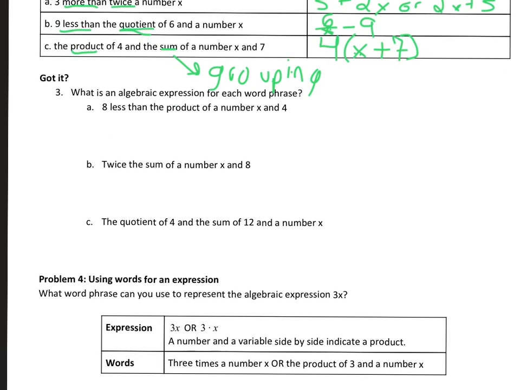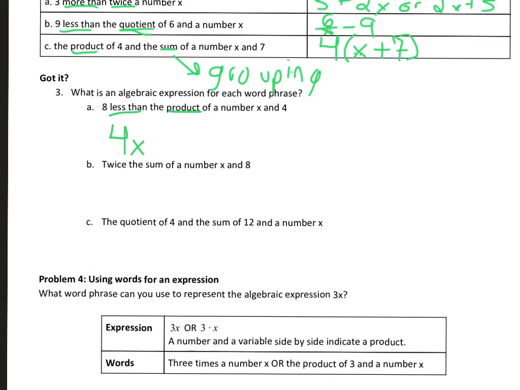So got it number 3. Same as up top, you should be able to follow that. 8 less than the product of a number x and 4. So less than, product. So product of a number x and 4. I would like to write this as 4x, not x4, just for cosmetic reasons pretty much.